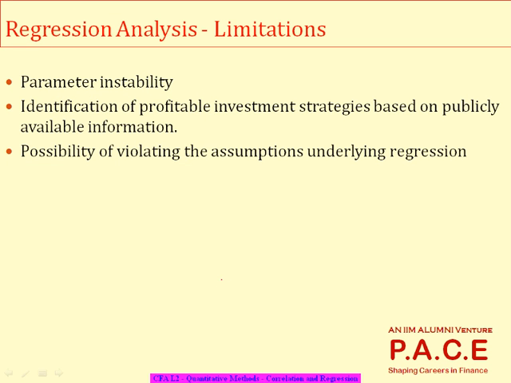Just as a last point, on the limitations of regression analysis, there could be parameter instability. I have taken one parameter, which is the mean of the independent variable, the one-year forecast, one period earnings. If the earnings go up drastically or go down drastically, my mean will become unstable.